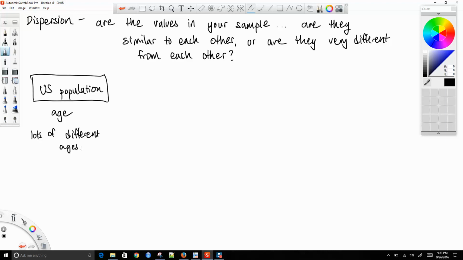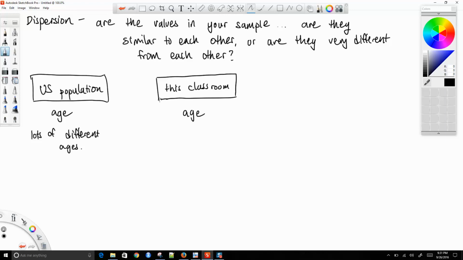All right. Think of our classroom. We're also still thinking of age. Is there lots of variation in age in this classroom? Not as much as the general U.S. population.